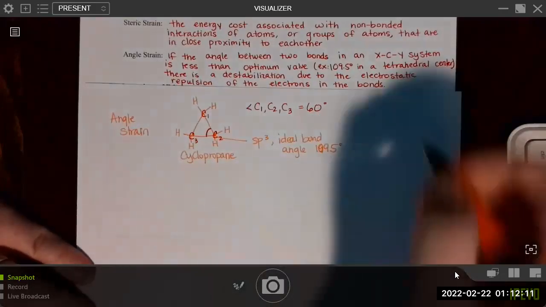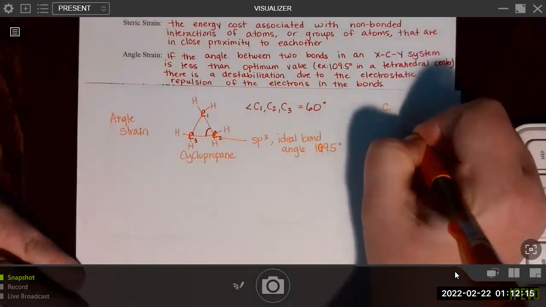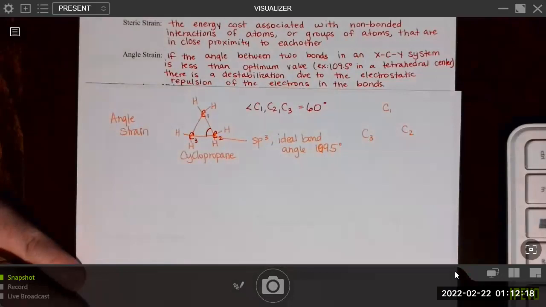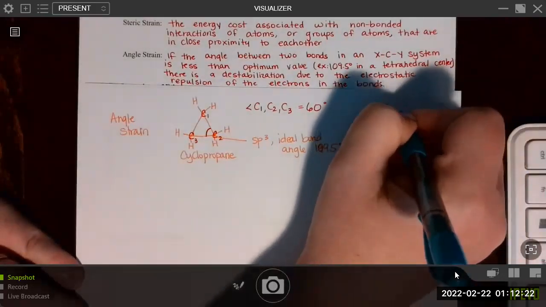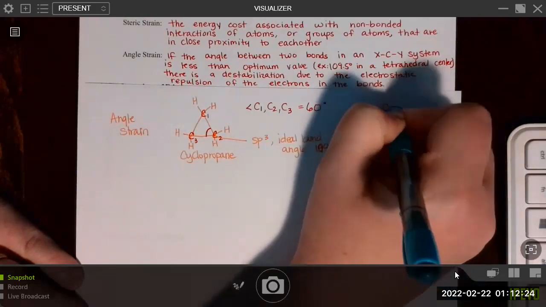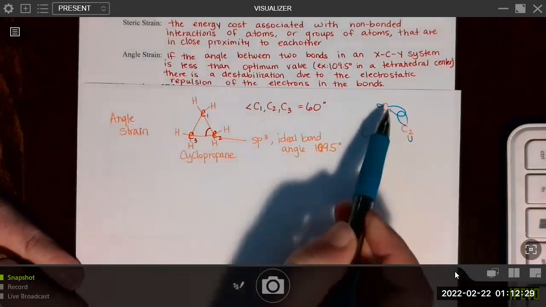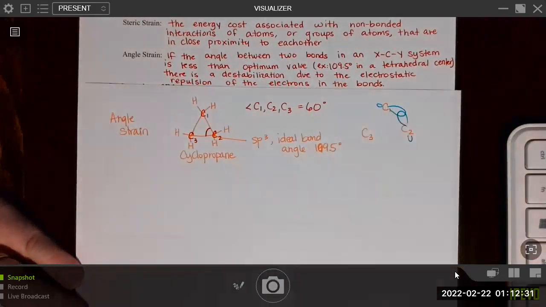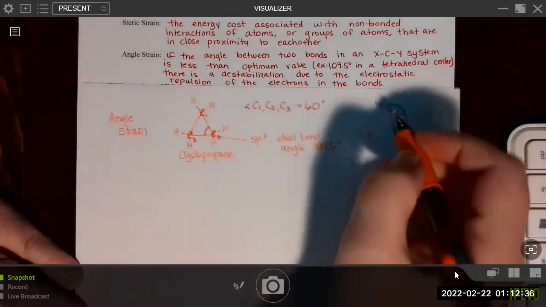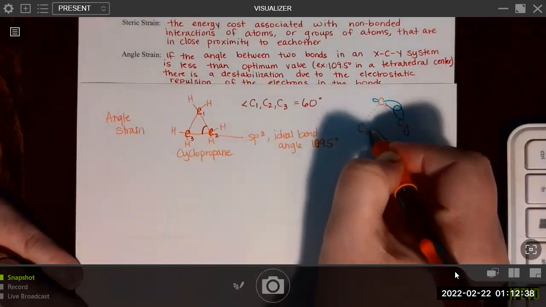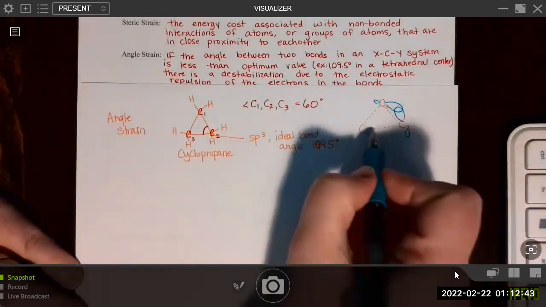And again, what I was talking about with that puckered nature is, I draw these in. What will actually happen here with the orbitals is that they'll go out a little bit, as opposed to following exactly a line between those two atoms.